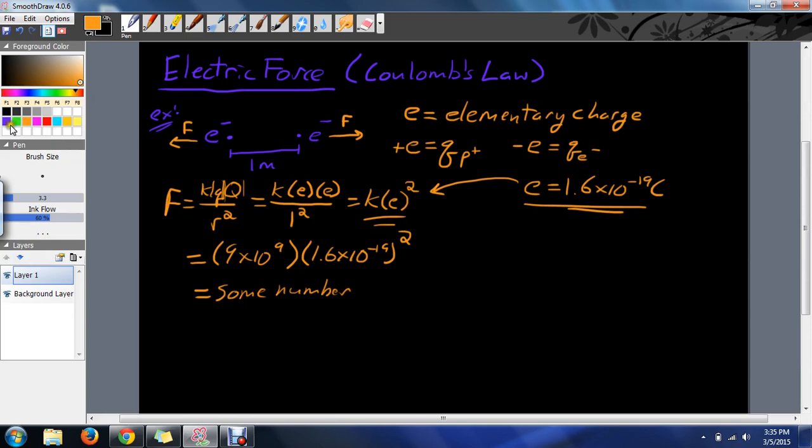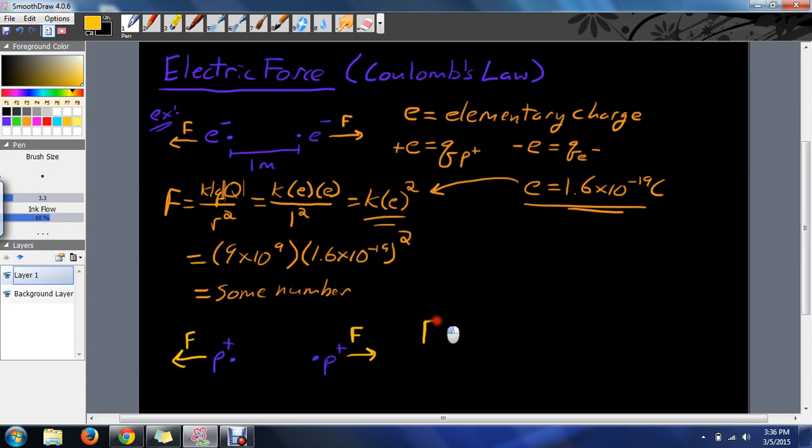So here's the question. If I have two protons, is there anything different between this example and this example? I hope you see it. The answer is absolutely no difference in the force between two protons and the force between two electrons.